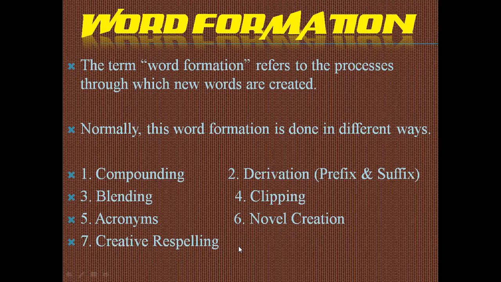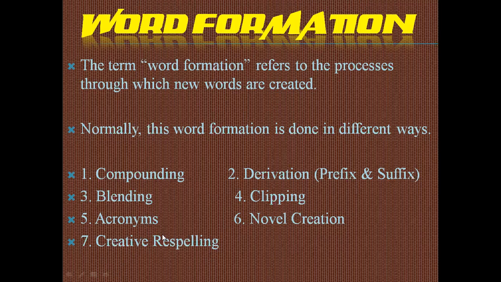For example, instead of writing the full form, B-E-C-A-U-S-E, the actual spelling of because, we are not going to write the entire word, but only B-C-O-Z, which is pronounced as because. And instead of writing forever, F-O-R-E-V-E-R, we write the numeral 4 and EVA, which is pronounced forever. That is how we use creative respelling.